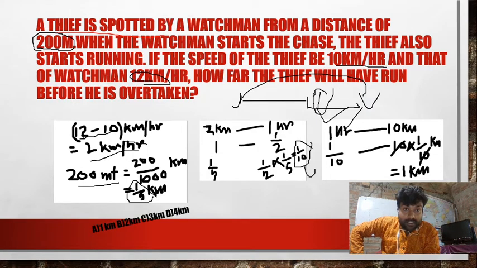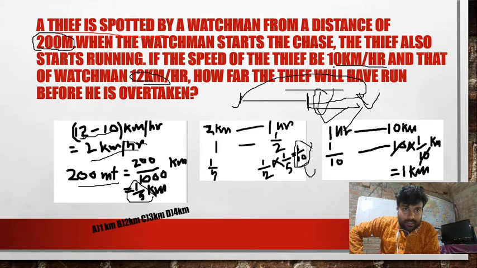But the question is asking for the distance. This is very important: from this point the thief also starts at the same time. So how far does he go before being overtaken? We found the time clearly, 1 by 10 hour.